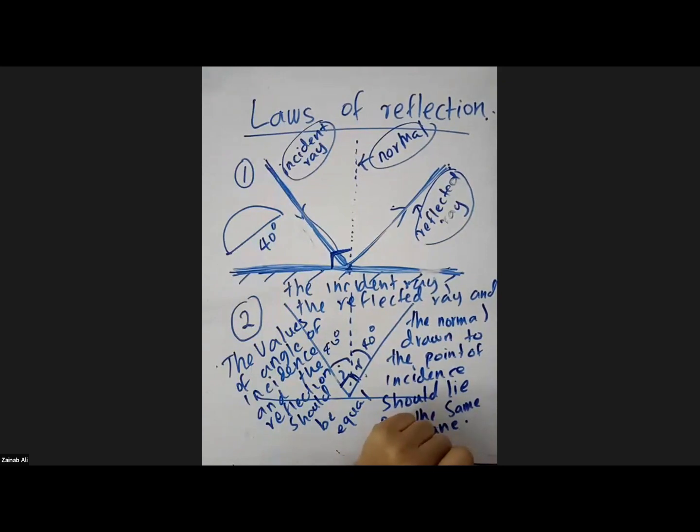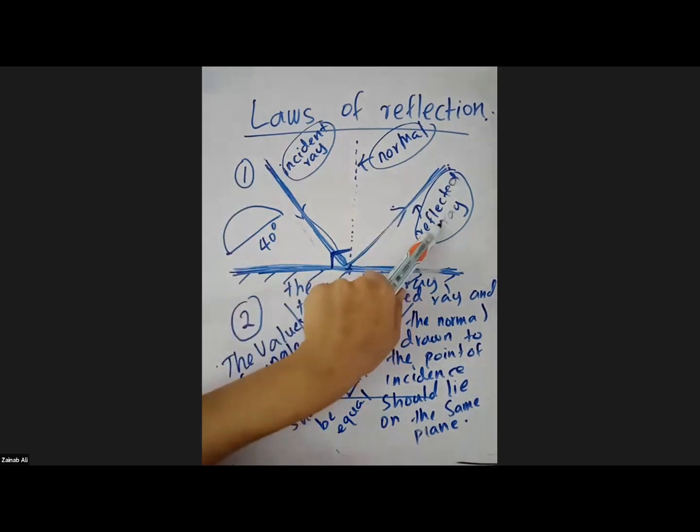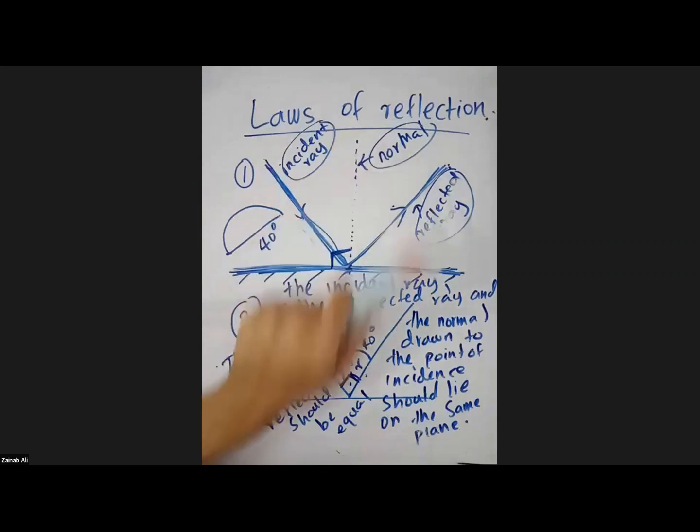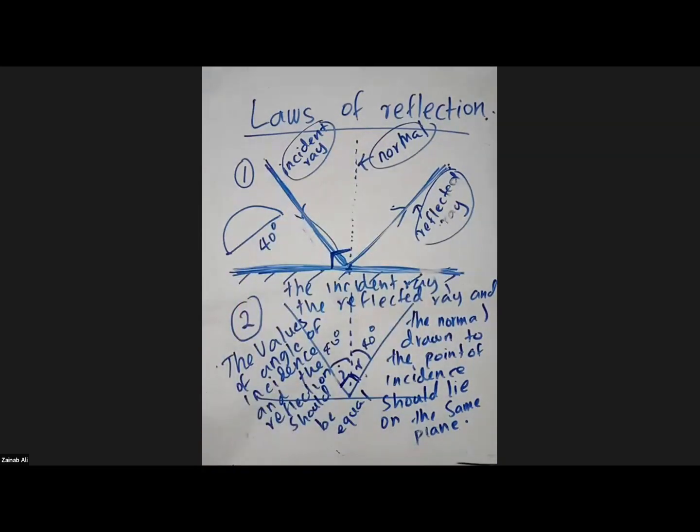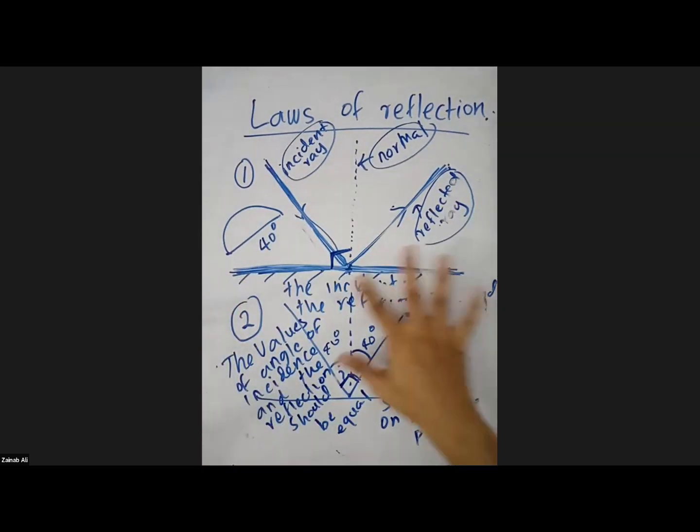Sharaf, tell me what is the first law? The incident ray, the normal from the point of incidence, and the reflected ray should be on the same plane. Very good, Sharaf. That's correct. The incident ray, the reflected ray, and the normal drawn to the point of incidence should lie on the same plane. Okay, I'll erase that.